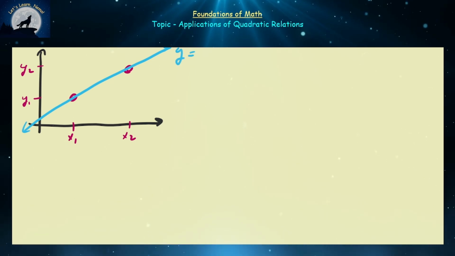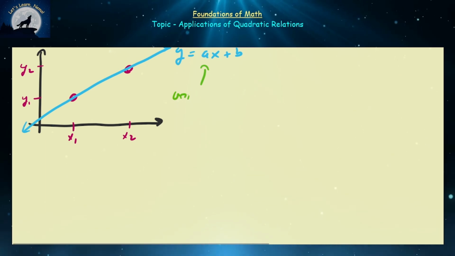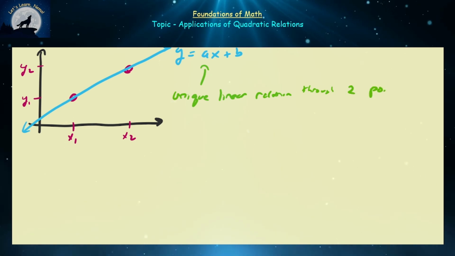In particular, there exist these numbers a and b, such that y is equal to ax plus b, such that when you plug in x1, you get y1, and when you plug in x2, you get y2. So what we have here is a unique linear relation through these 2 points. And how would you find these numbers?